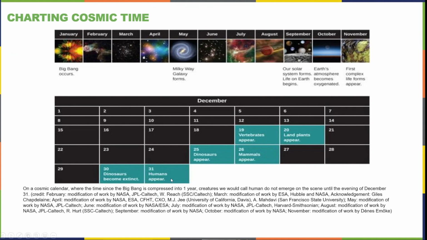It's only been 100,000 years that the first Homo sapiens lived on the surface of the Earth, and the Homo sapiens eventually evolved to become the modern-day human, and we are still living in December 31. So this is our cosmic calendar.